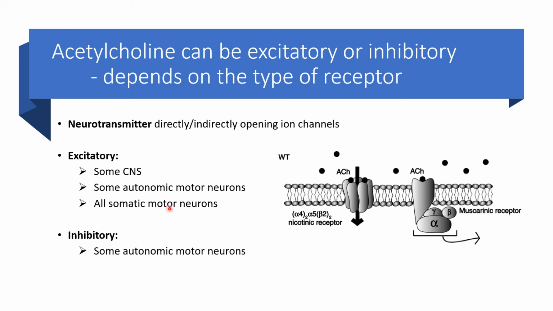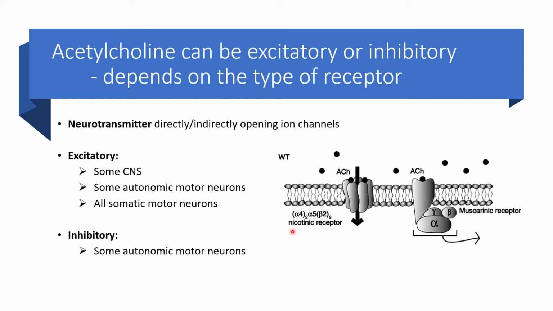All somatics are excitatory. And you can see here, here's our main two types of proteins or receptors again. And we called this kind, with the ions going straight on through, ionotropic. And this one over here with our G protein, we call this metabotropic.